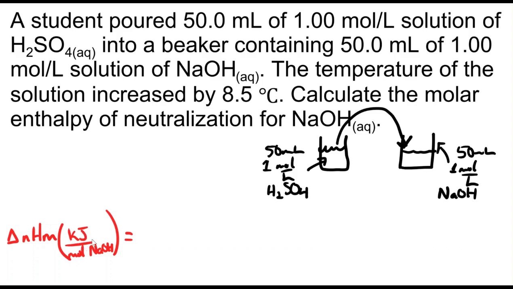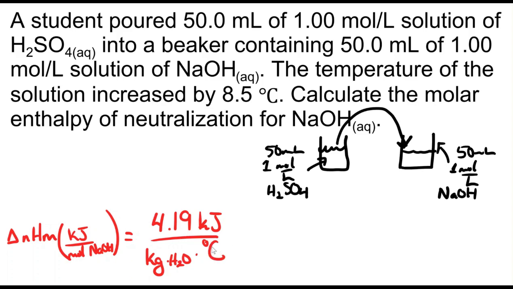So I'm going to look for kilojoules. I don't see kilojoules anywhere in here, but I do recognize that we're heating up water. Whenever water gains energy, it gains 4.19 kilojoules for every kilogram of water per degree Celsius.